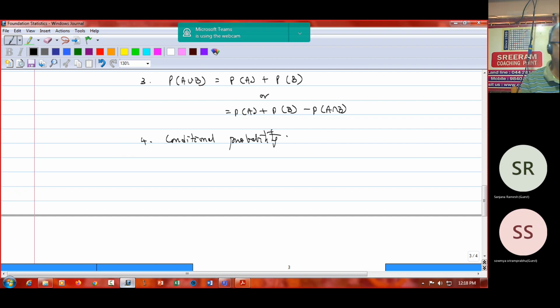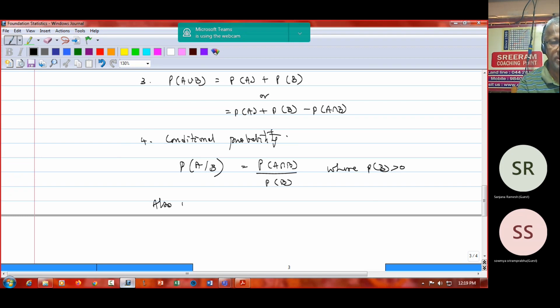But what is the formula that you have for conditional probability P of A by B? P of A by B is equal to P of A intersection B divided by P of B, where P of B is greater than 0.